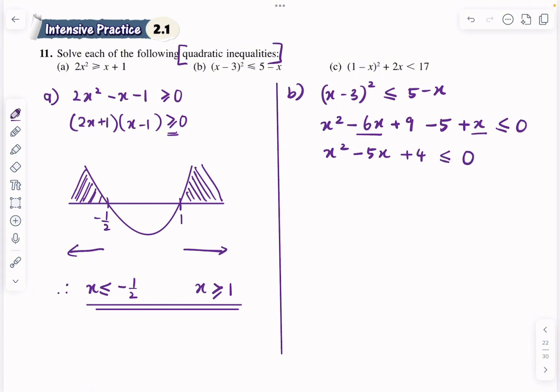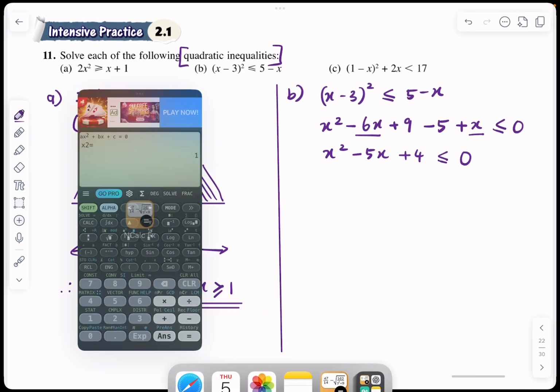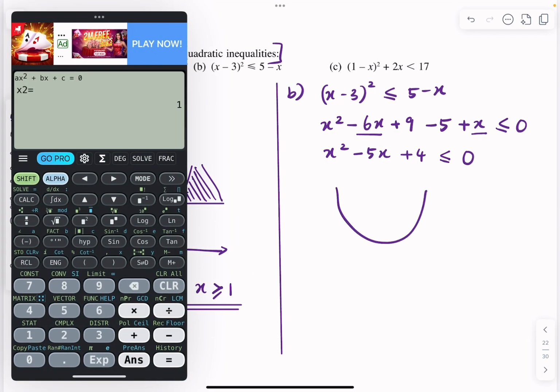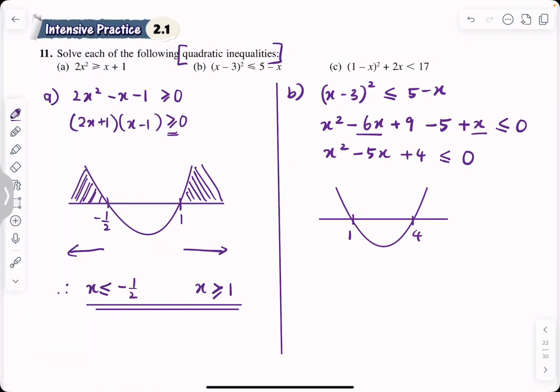Less than or equal to 0. Okay. Now we just put this in our calculator to get our roots. So A is 1, B is negative 5, C is 4. So x is 1 and 4. So since here we get less than 0, it will be this area.